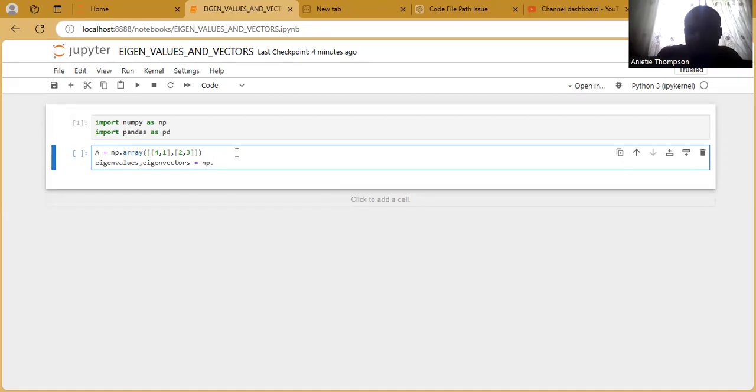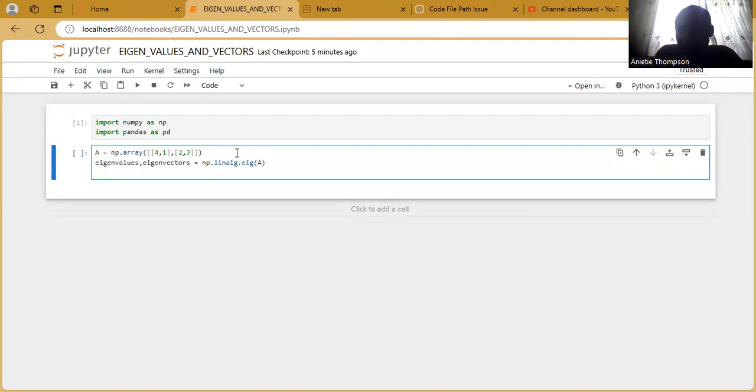And then you use this module or function, linalg dot eig, standing for eigens of the matrix A. All right. It provides the eigens, both the eigenvalues and the eigenvectors. All right. This is enough.